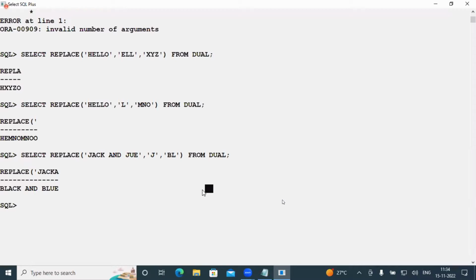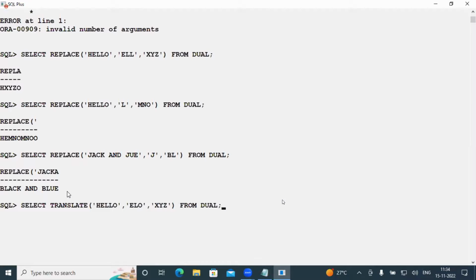it works. So in this, I'm going to write select translate. After that, I'm passing one expression, hello, and I want to replace it with XYZ.